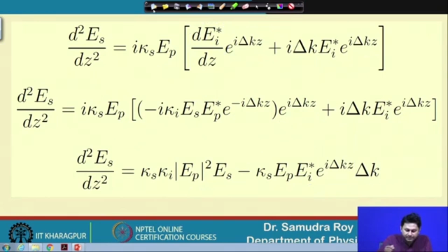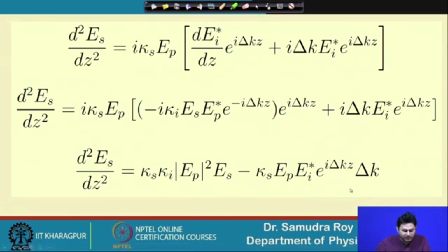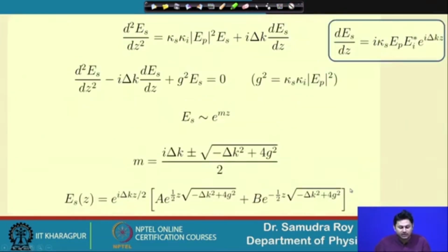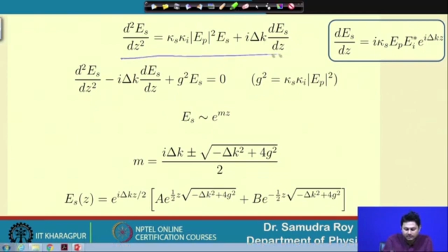So now if I replace these things, the entire equation will be in terms of E_s. So we can decouple the entire equation. Now, if you note very carefully, because of this delta k term we have an extra derivative term here.